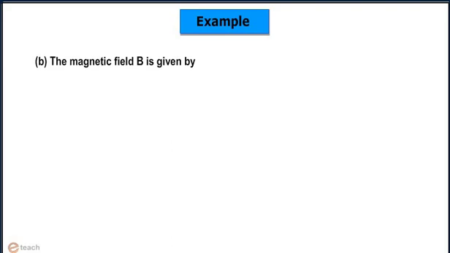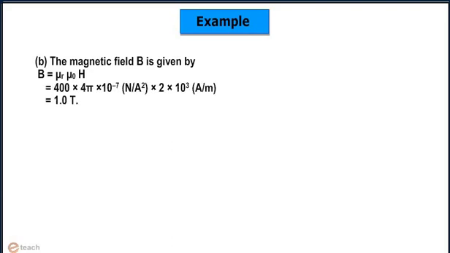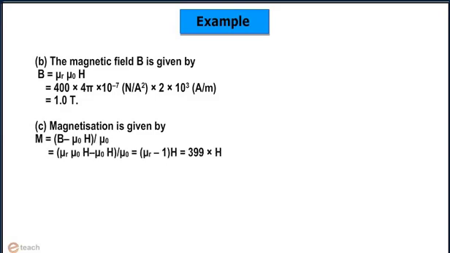B. The magnetic field B is given by mu r into mu naught into H. Putting the values, we get the result as 1 Tesla. C. Magnetization is given by B minus mu naught into H divided by mu naught. Putting the values, we get the answer as 8 into 10 to the power 5 ampere per meter.